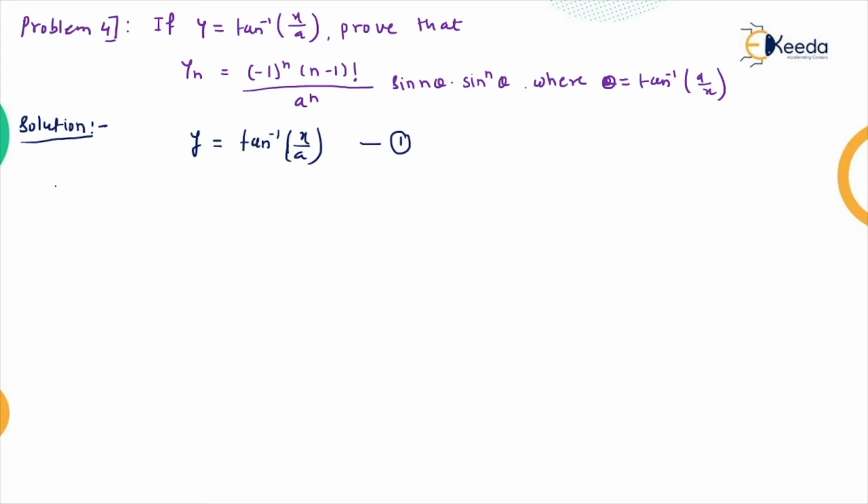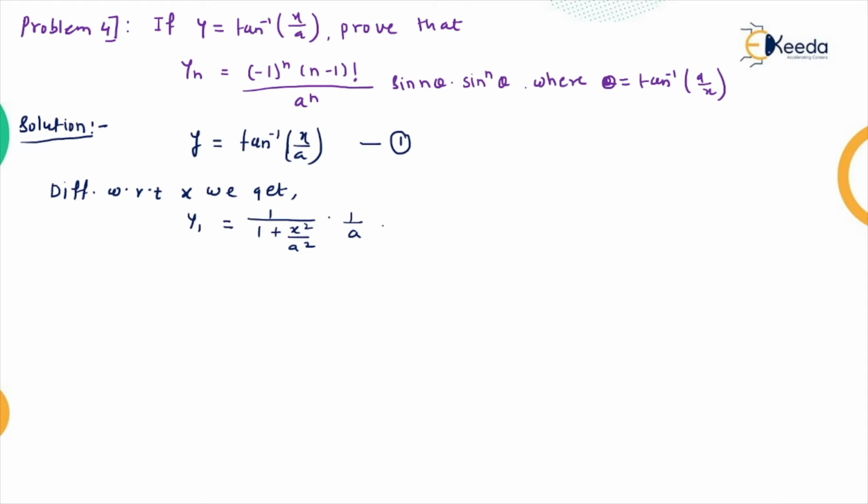So differentiating with respect to x, we get the first order derivative y1, and y1 is nothing but 1 upon 1 plus x square upon a square, into 1 divided by a, since the derivative of x by a is 1 divided by a.